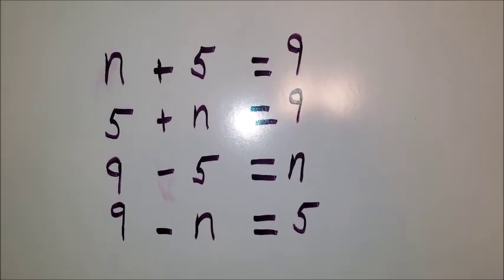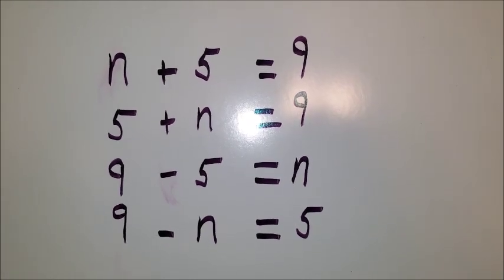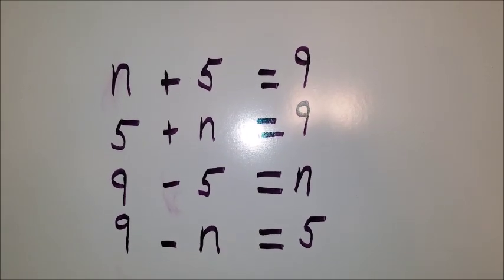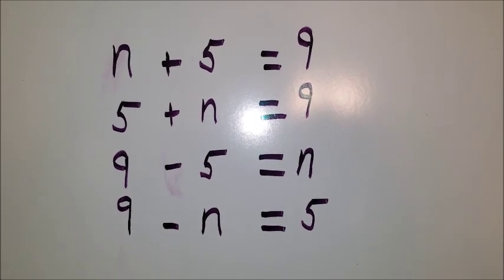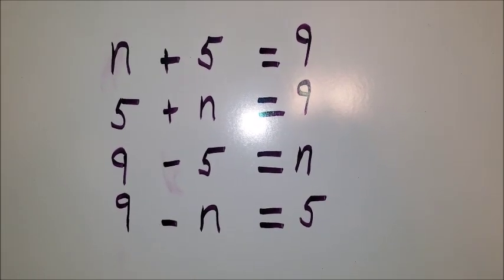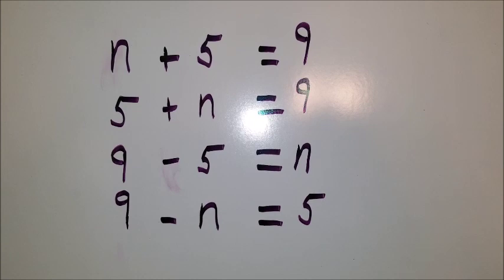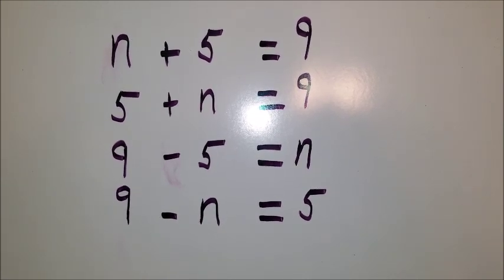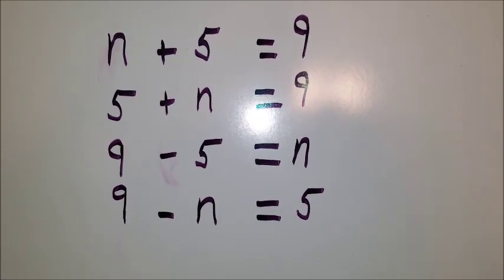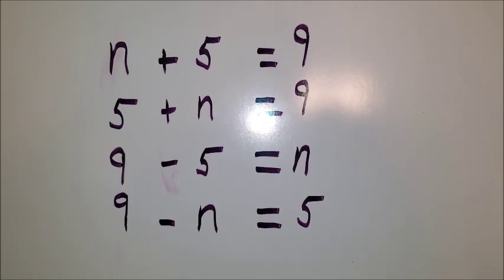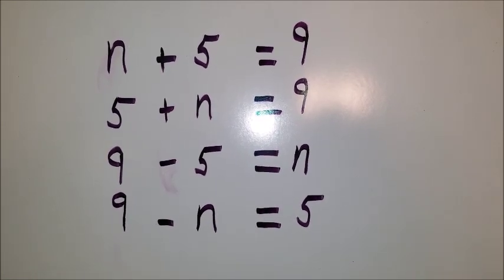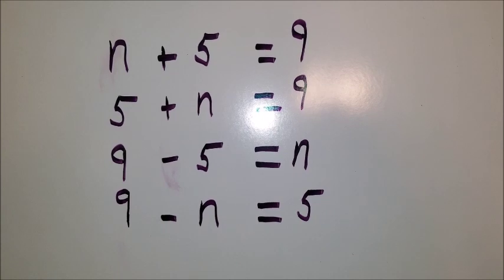Okay, now that first one, n plus 5 equals 9. Now, which other fact family member could we use to find the solution, or to find the answer to n? What's the value of n?